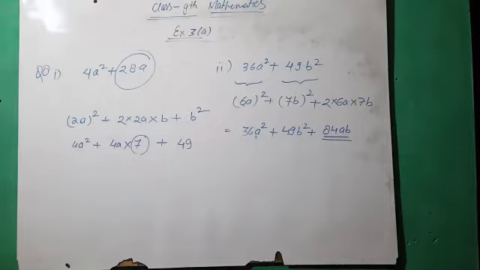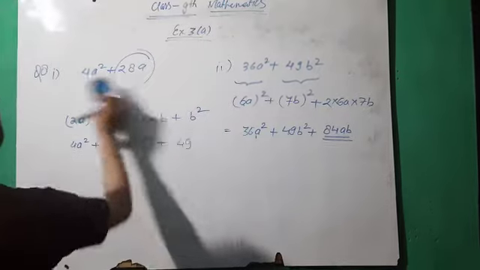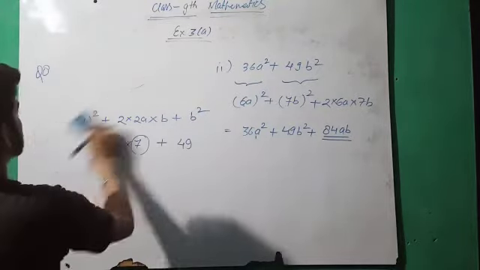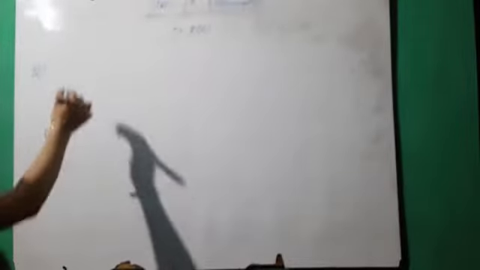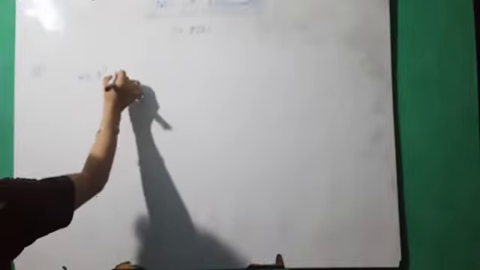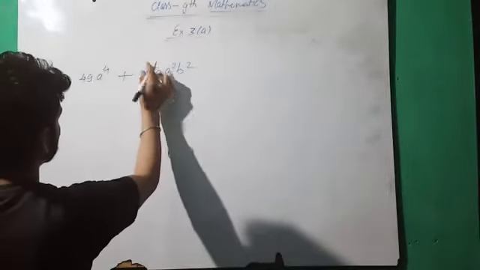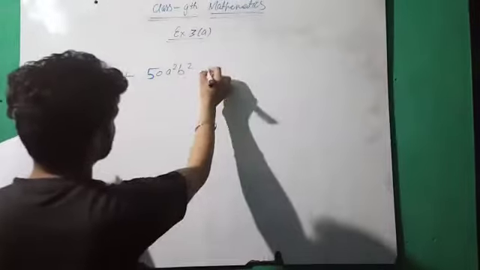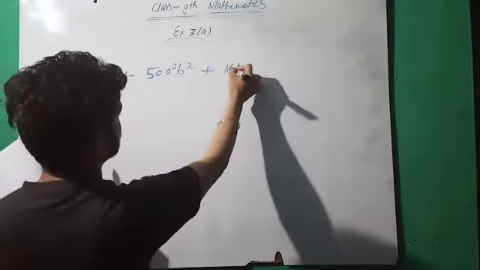You have to do third and fourth part in your homework in fair copy. Okay, fifth part. We will discuss fifth part here. In the fifth part, we have 49a to the power 4 plus 50a square b square. So it must be the 2ab term because it contains a and b both.